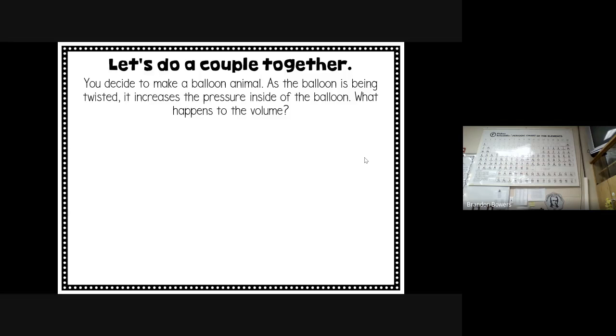So what you guys are going to do in this simple activity is put your finger on the T. Or for me, I'm going to put my hand on the T. When the problem says the increase in pressure, you're going to push pressure up. It increases the pressure.